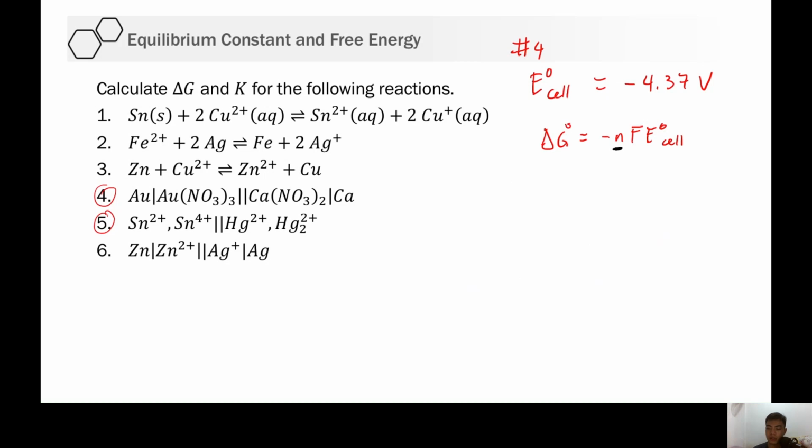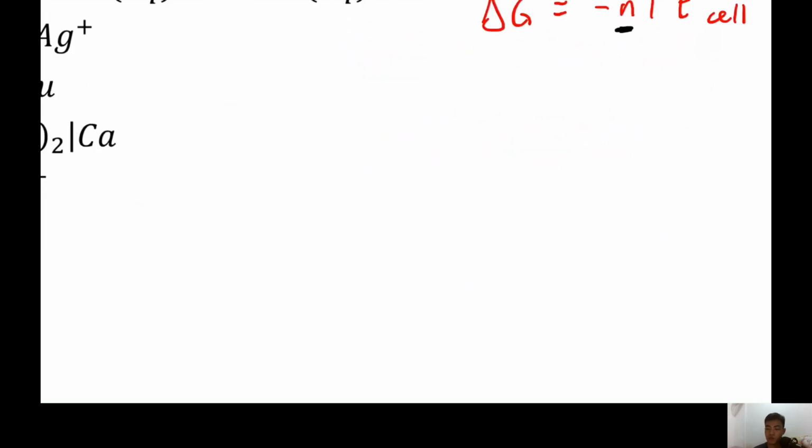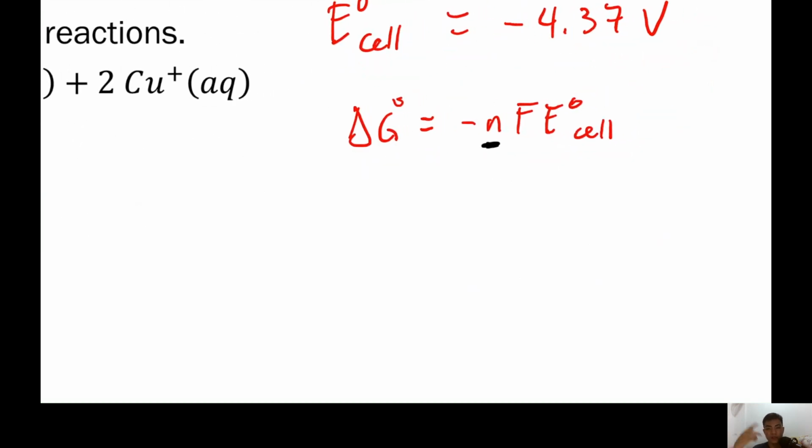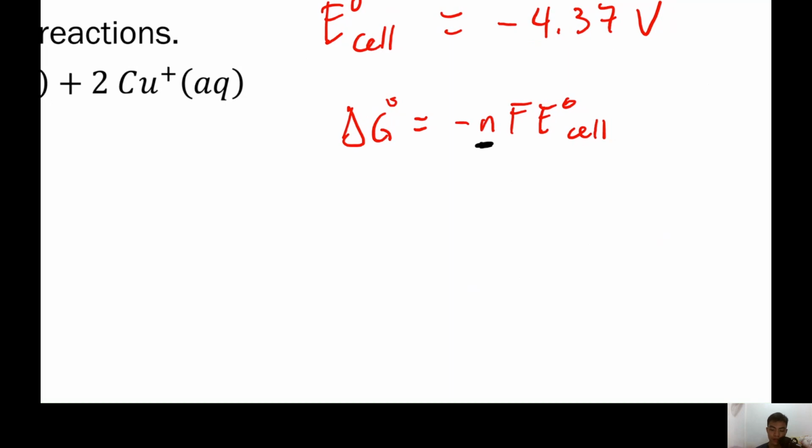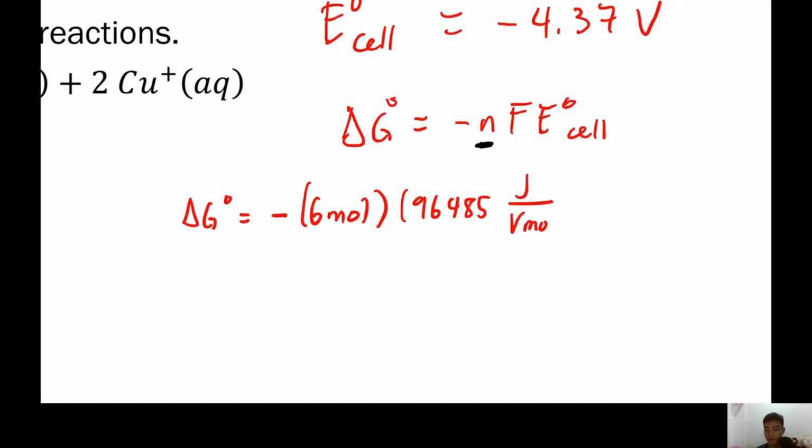What's next? Let's plug in all our givens. Delta G naught equals negative 6 moles of electrons times F, Faraday's constant, which is 96485 joules per volt mole, and then E cell is negative 4.37 volts.